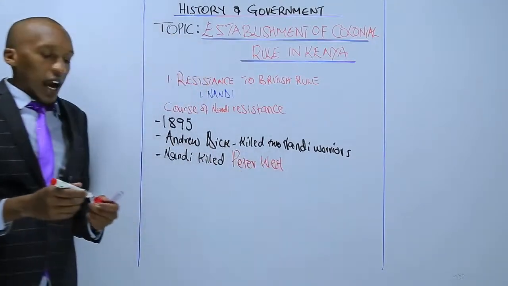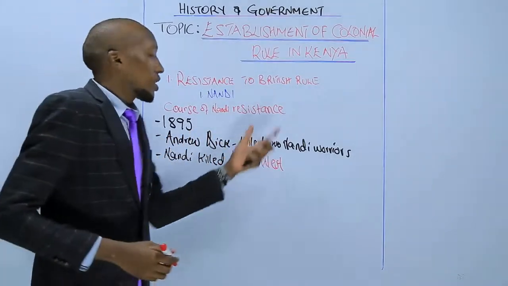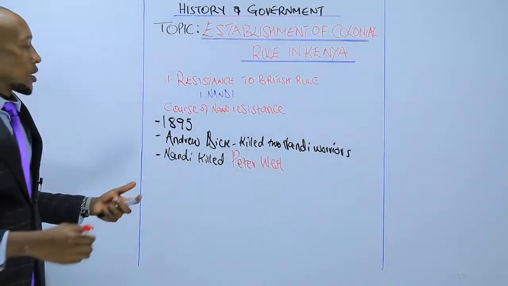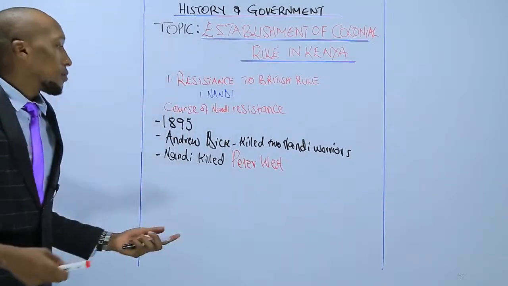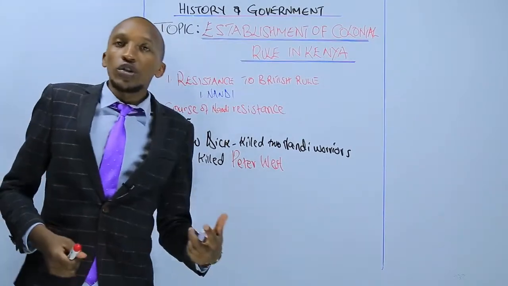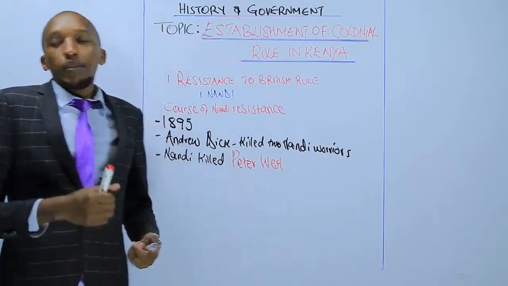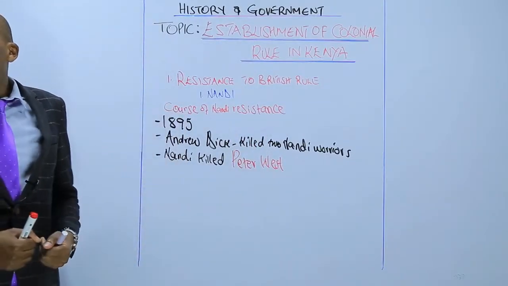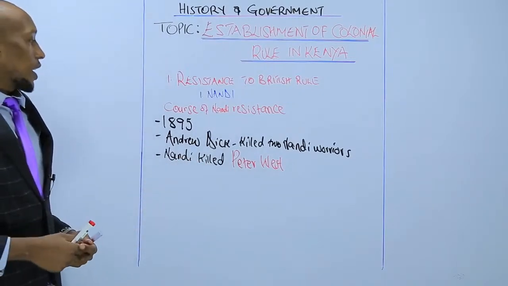So immediately after Andrew Dick attacked and killed the two Nandi warriors, the community retaliated by killing another trader known as Peter West. So that sparked the bad blood, or sparked the killings, or the resistance of the Nandi.